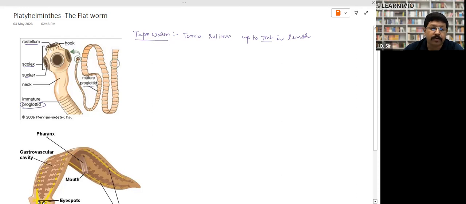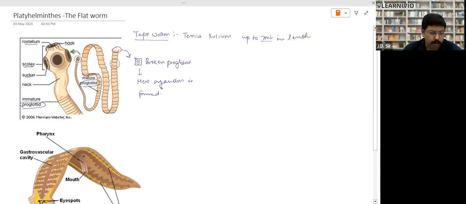These proglottids will break down. Suppose this proglottid breaks down, what will happen? From the broken proglottid, a new organism is formed.